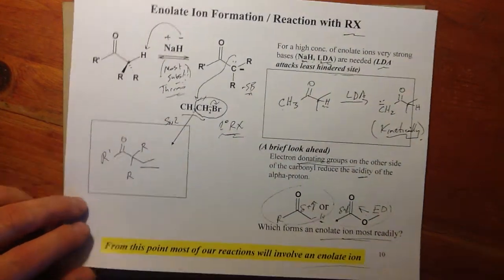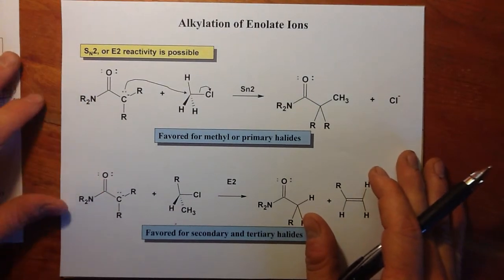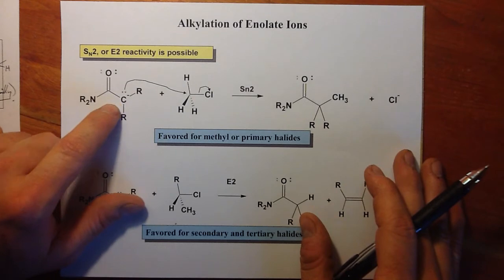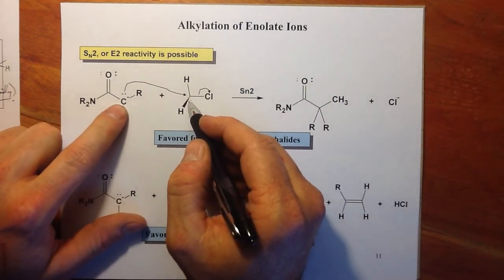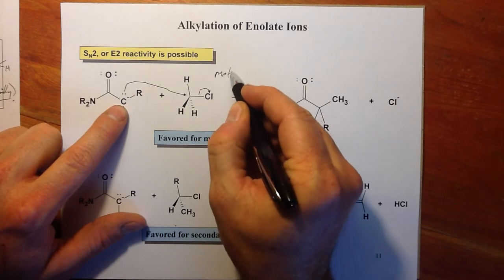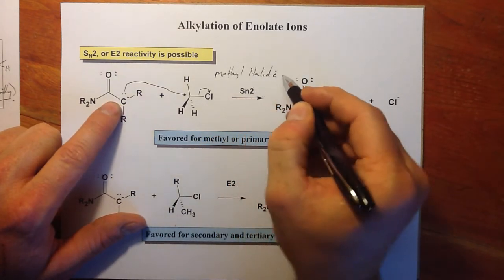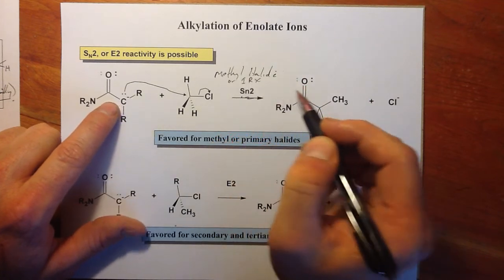Okay, again, don't forget in the next two videos we're going to be doing a lot with the enolate ion. So in review, what we've done today is we've halogenated the enolate ion with Cl2, Br2, I2, or we've gone through an SN2 reaction with methyl halides. We could do this, or with primary RX we can do this. We can have SN2.